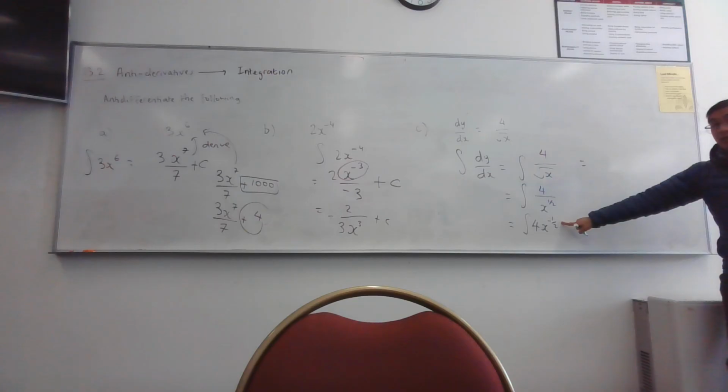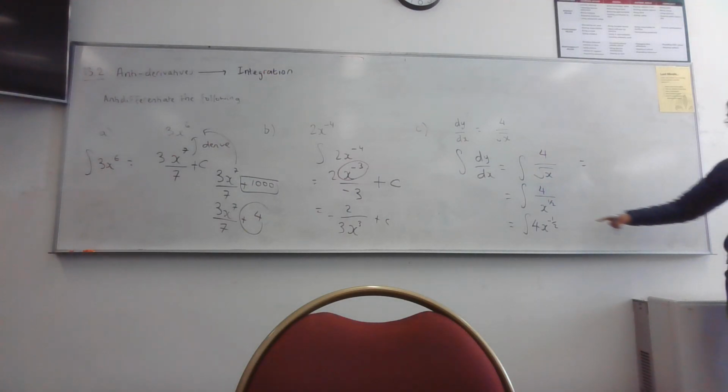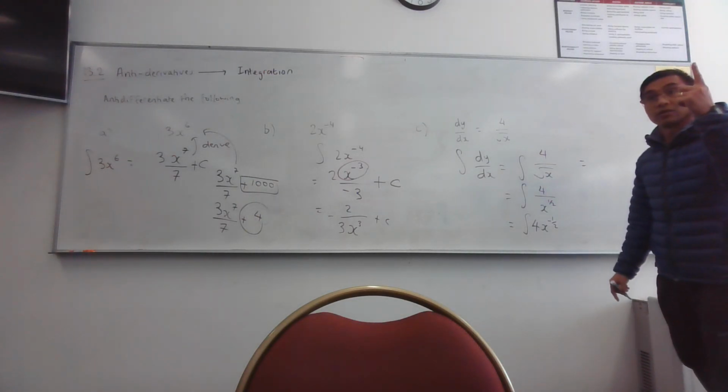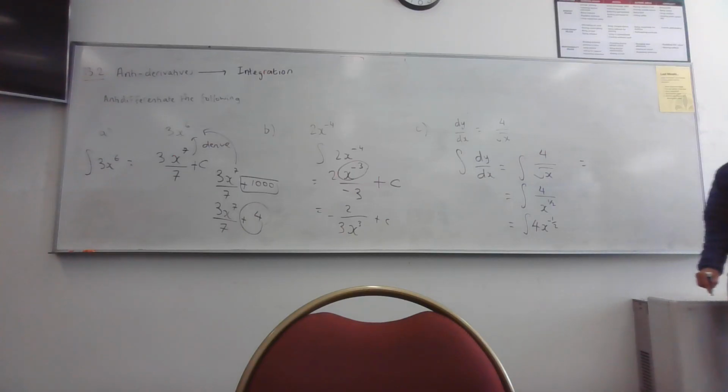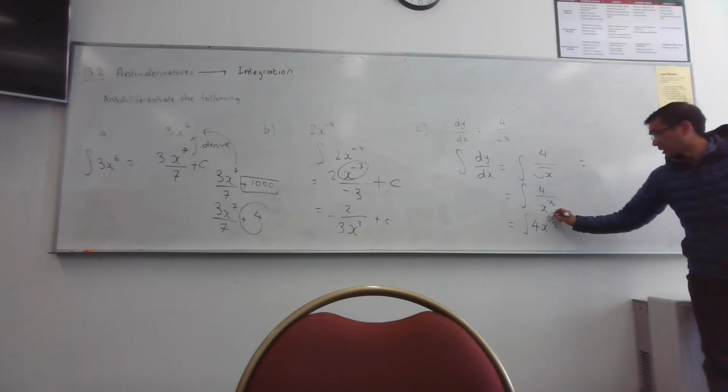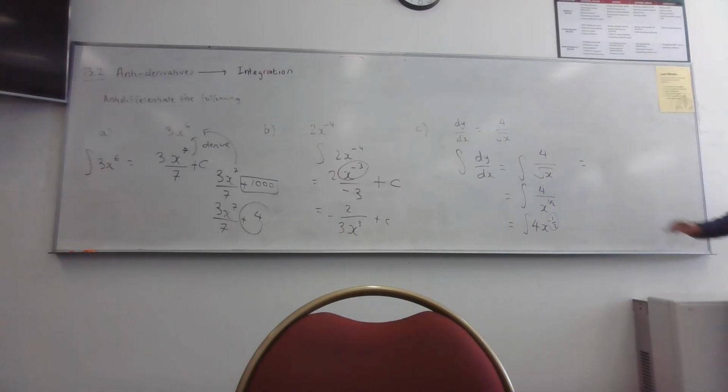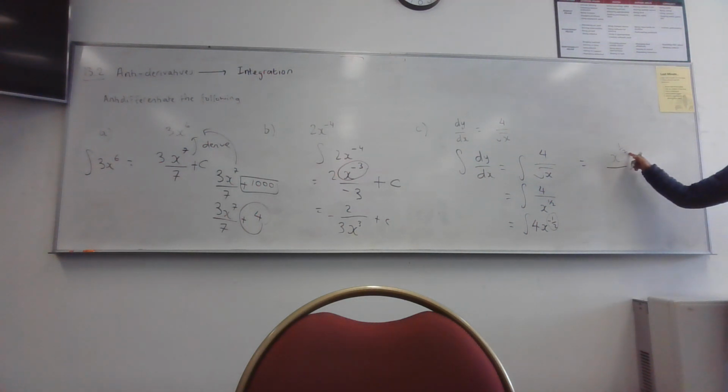Negative half. I need to add to the power. Say negative half plus 1. I'm adding 1 to the power. It's just half. Okay. By the new power, what goes underneath, Manny? You divide by the new power of half.